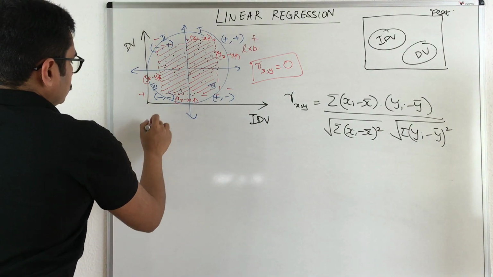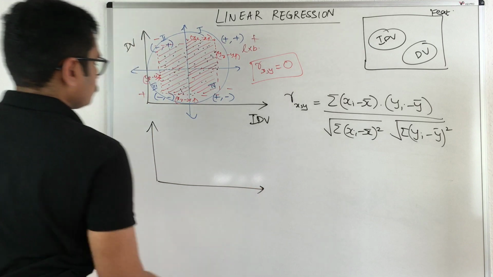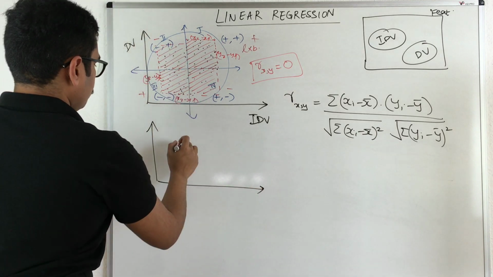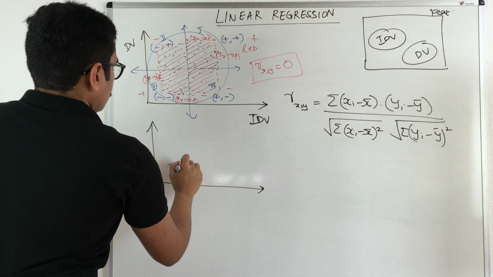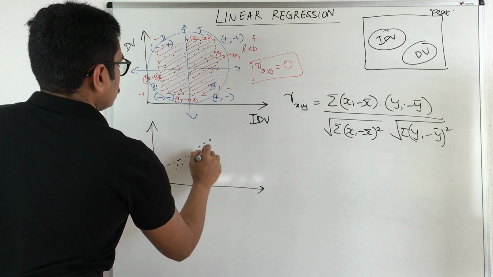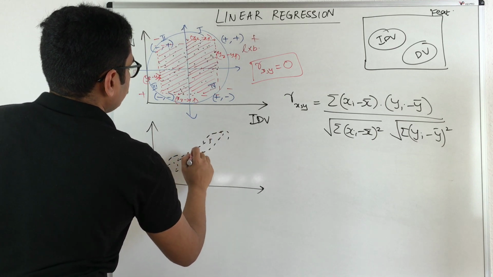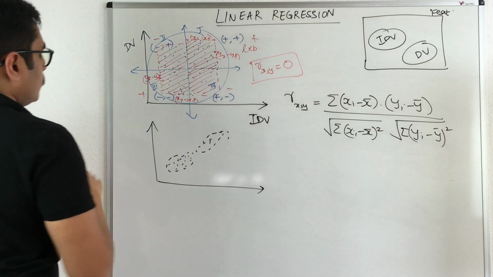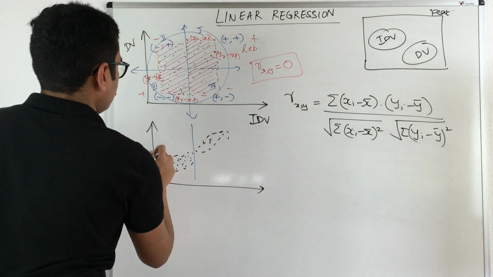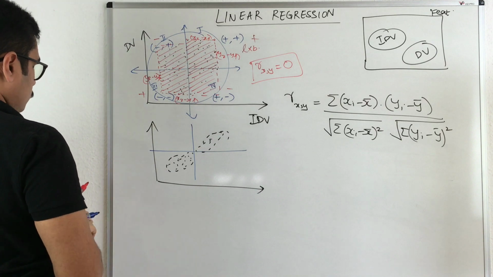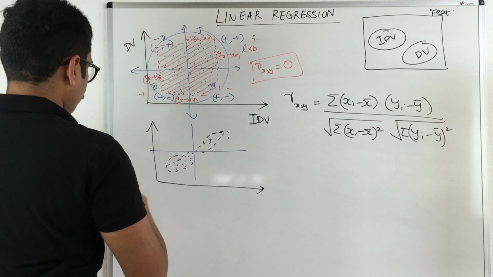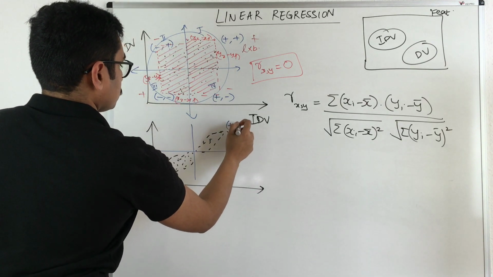Conversely, you can have the same set of points, but now your points are dispersed in this way. It need not always be a straight line, but we can make it. So here you have both lying in the positive regions.